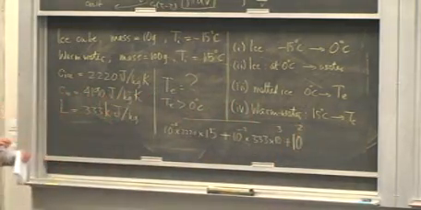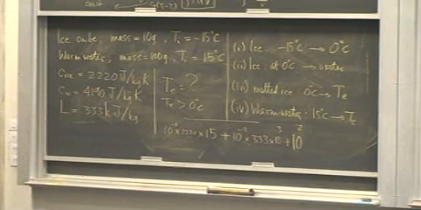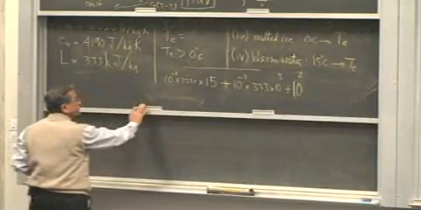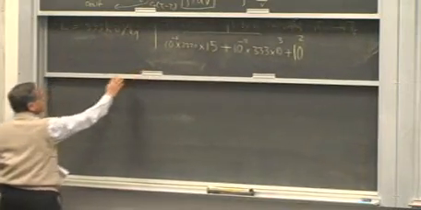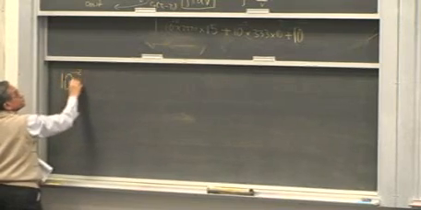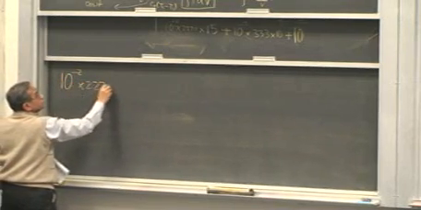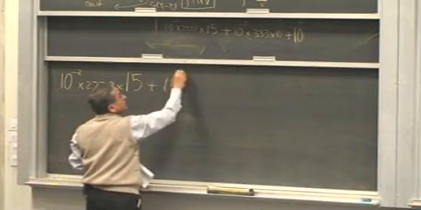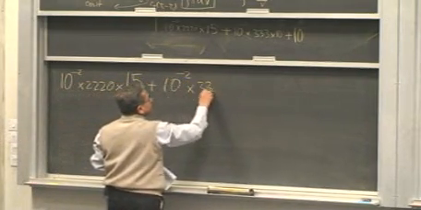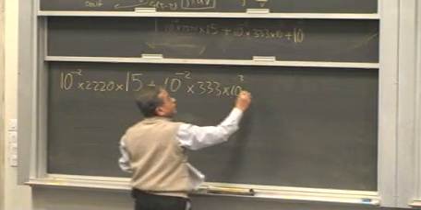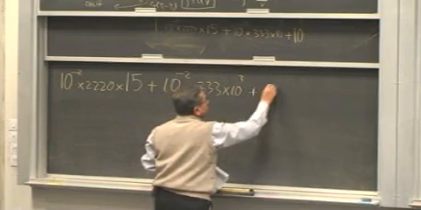I will try and make it bigger in the next. All right. Not much time to go, so I can perhaps spoil one board. 10 to the power minus 2 times 2220 times 15, plus 10 to the power minus 2 times 333 times 10 to the power 3, plus 10 to the power minus 2.